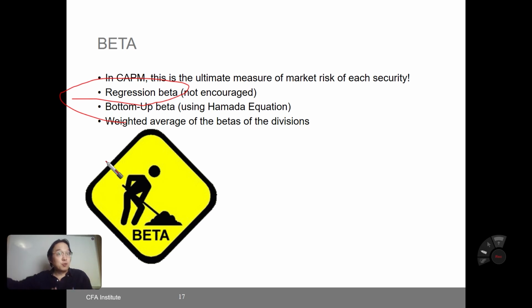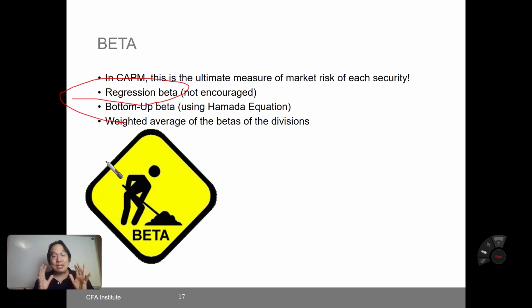Is our future going to be the same as our past? Assuming it is the same, regression beta, okay, fine. But if not, we have to think about it.